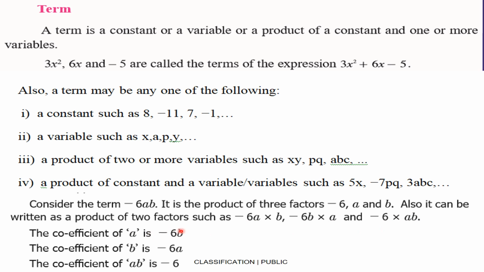If you multiply, you get minus 6ab. So next, the coefficient of a is minus 6b. The coefficient of b is minus 6a. The coefficient of ab is minus 6.